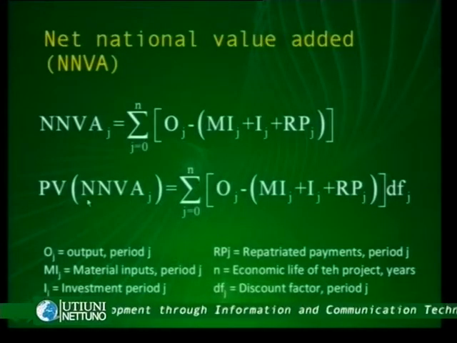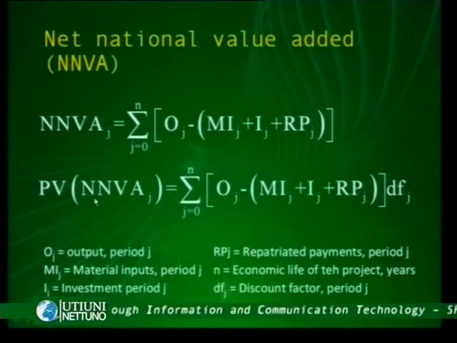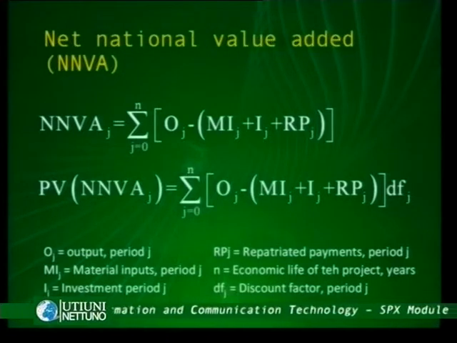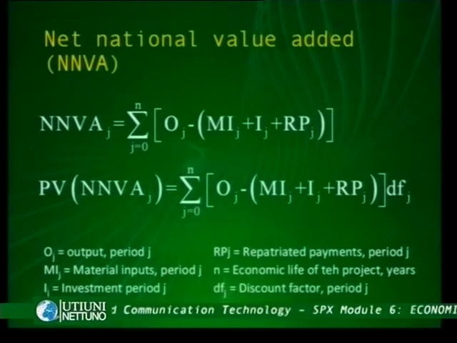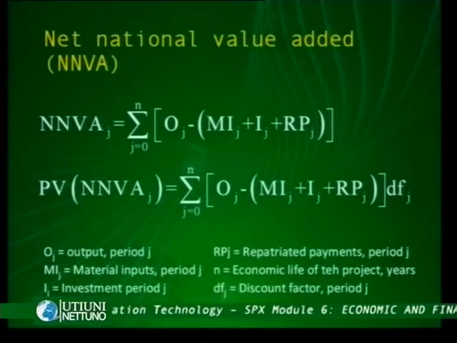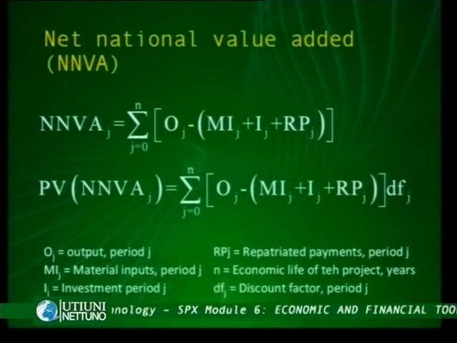And in this way, we are getting the net present value of the net national value added, that, as we discussed for the net domestic value added, has the advantage of considering in a more appropriate way the timing of the net national value added, and is therefore able to discriminate projects based not only on the value-added creation, but also on the timing of this value-added creation.